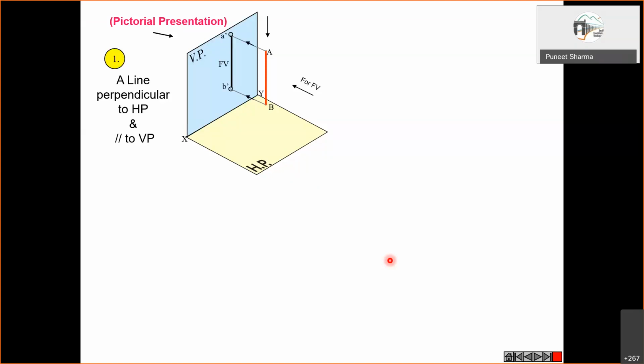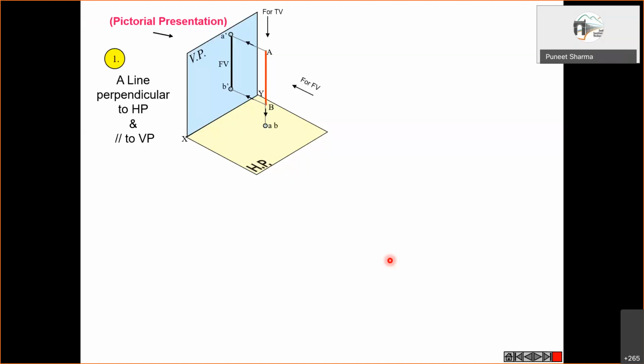For the top view, we look from the top and project onto the horizontal plane. Since the line is perpendicular to the horizontal plane, both A and B get projected onto the same point, and we get a point view.